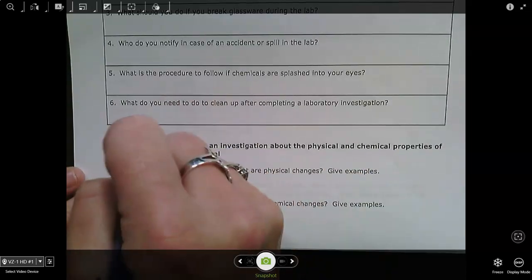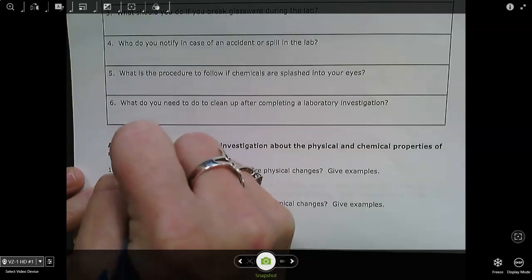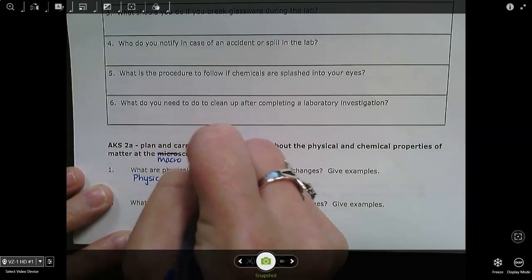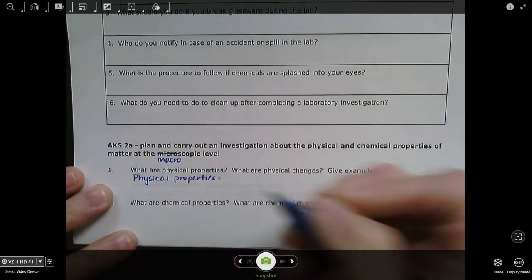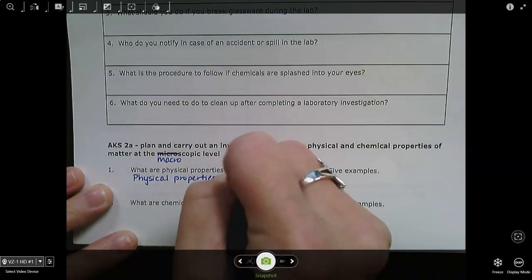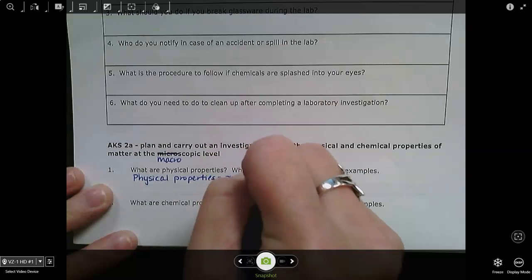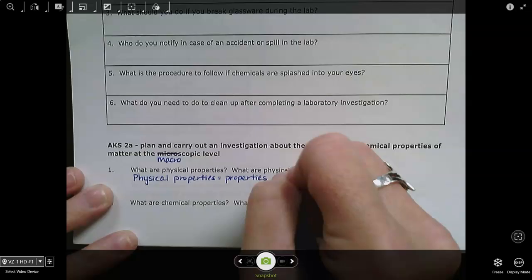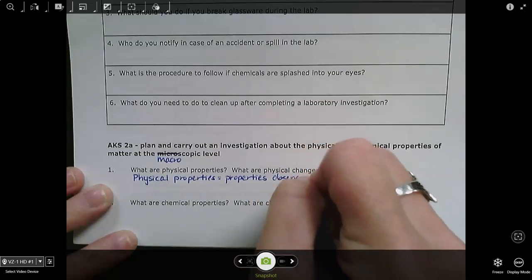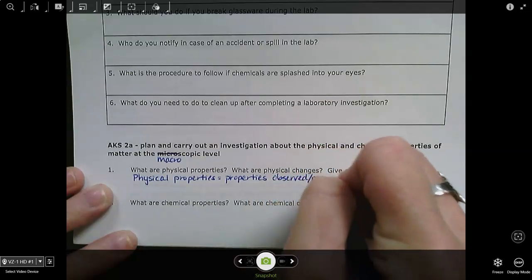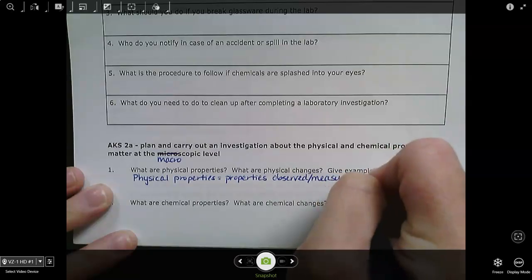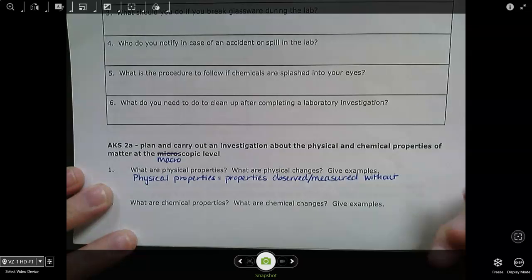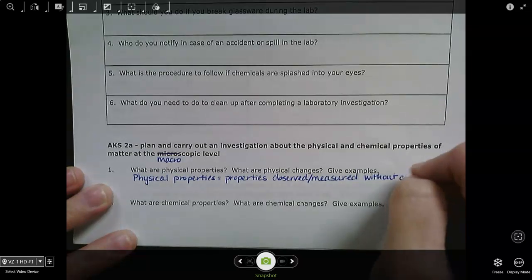So physical properties. These are properties that you can observe or measure without changing the sample's composition.